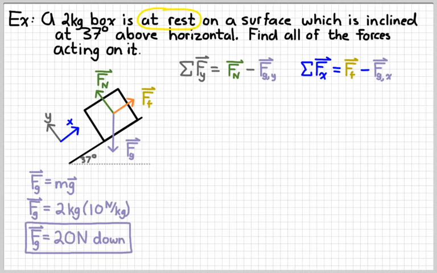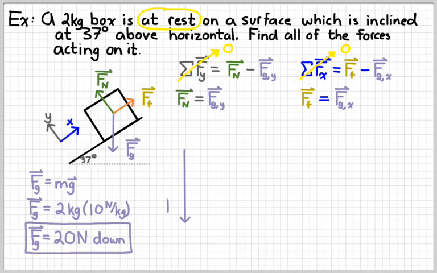Since this thing's at rest, I know that both of those net forces are 0. And so I know that the normal force and the y component of gravity have to be balanced, and the frictional force and the x component of gravity have to be balanced.